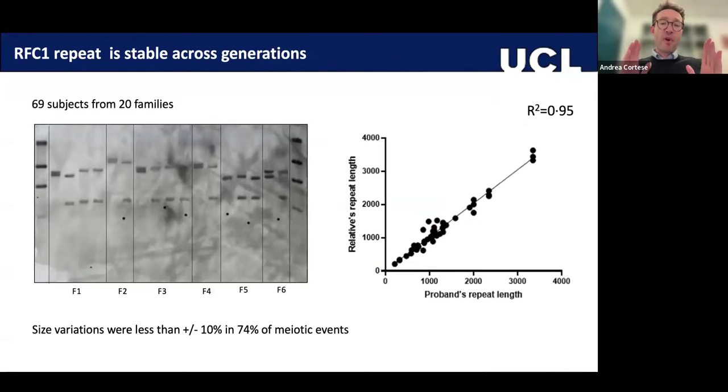The repeat is rather stable, which means if you have a repeat expansion, as you might know, you'll pass one or the other to your offspring. So they will all carry one repeat expansion, but one repeat, I remind you, is not enough to develop the disease.